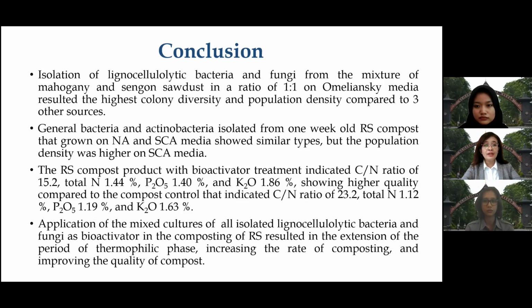Point 2, general bacteria and actinobacteria isolated from 1-week-old rice straw compost that grew on NA and CA media showed similar types, but the population density was higher on CA media. Point 3, the rice straw compost product with bioactivator treatment indicated higher quality compared to the compost control.